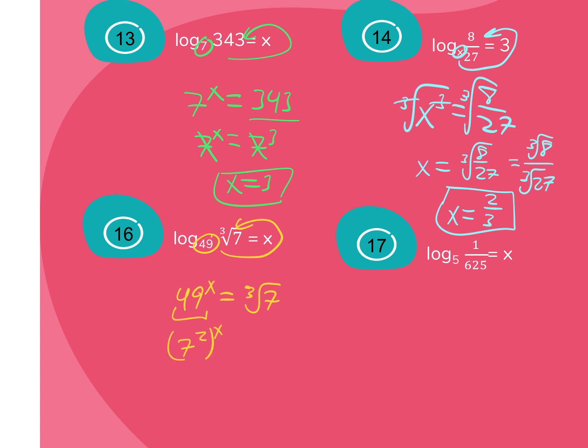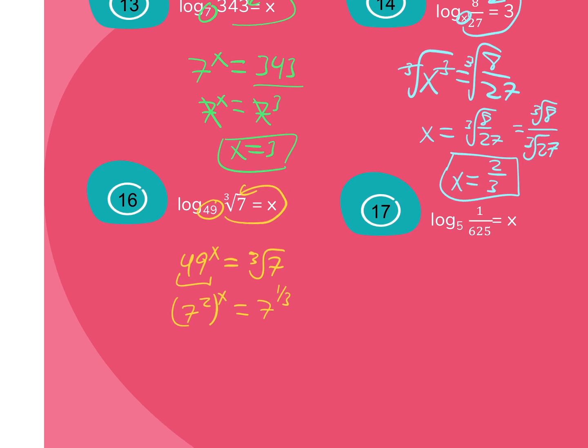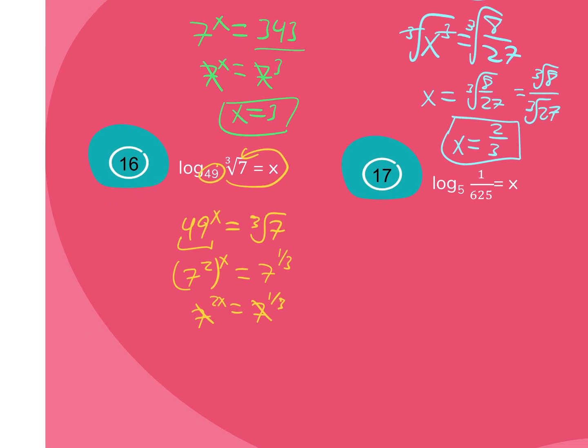You get 7 squared to the x is going to equal 7 to the 1/3. Right, remember that cube root is the same as to the power of 1/3. And then we get 7 to the 2x is going to equal 7 to the 1/3. So then you can go ahead and cancel out your bases, and then you get 2x equals 1/3.